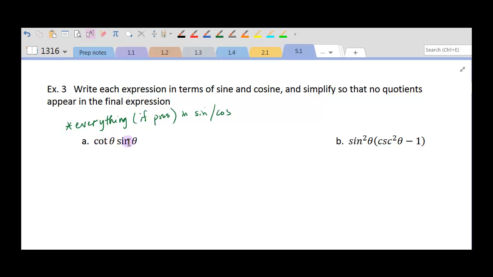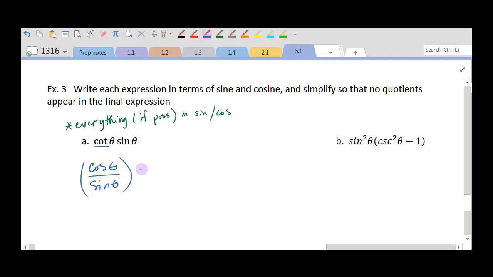Let's start with this one right here. We want to look at cotangent theta times sine theta, and I want to rewrite this, basically getting rid of cotangent. I do that by asking, what can I replace cotangent with, and only leave it in terms of sine and cosine? Well, I can rewrite cotangent as cosine over sine, and I'm still multiplying this by sine.